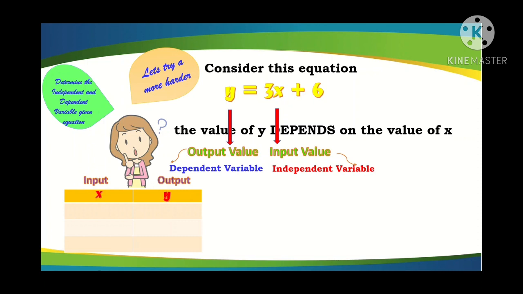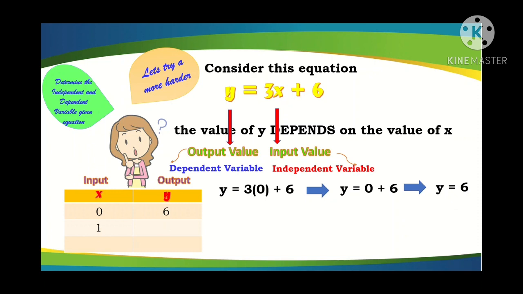If we assign the value of x, wherein x is equal to 0, let us substitute 0 into the equation so we can know the value of y. If x = 0, y = 3 times 0 plus 6, that will become y = 0 + 6, so y = 6.